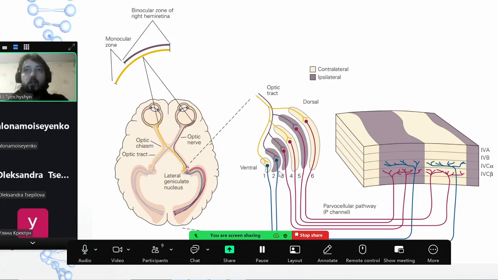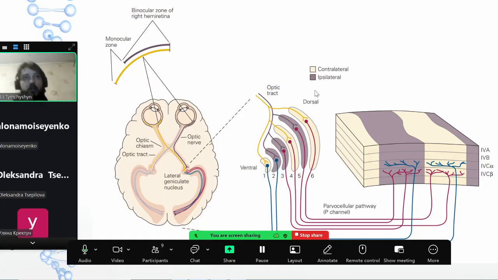So layers 1, 4, and 6 will get information from the left eye, while layers 2, 3, and 5 will get information from the right eye. So it's not like some sort of mix of both eyes, but here they are still separated on this level.